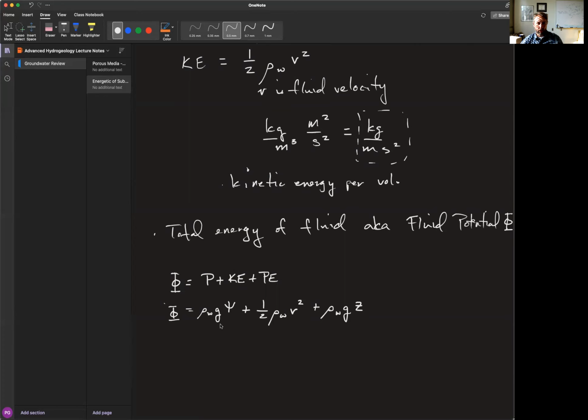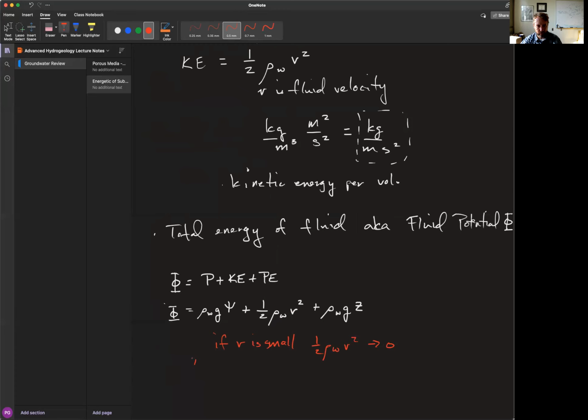And we're going to now simplify this a little bit. So for groundwater, often, if my velocity is small, and this is true for most groundwaters, a small number squared is even smaller, all right? And my kinetic energy goes to 0, or gets really small, and basically we can ignore it.